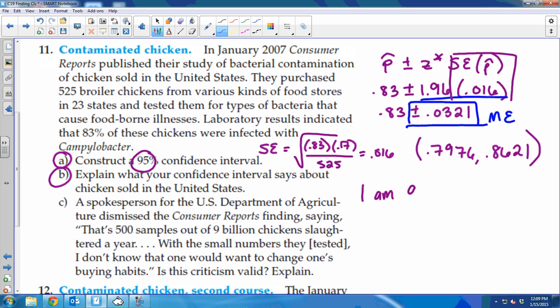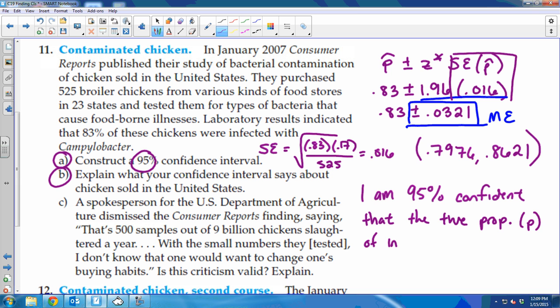I am 95% confident. I'm always going to write the true proportion p just so I make sure I don't mess it up. Of infected chickens.